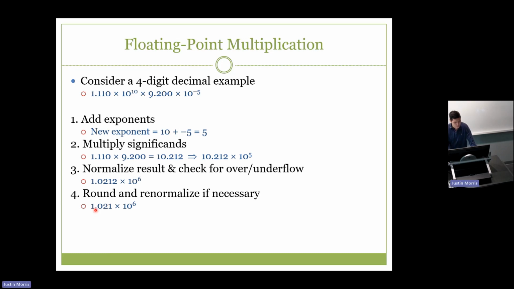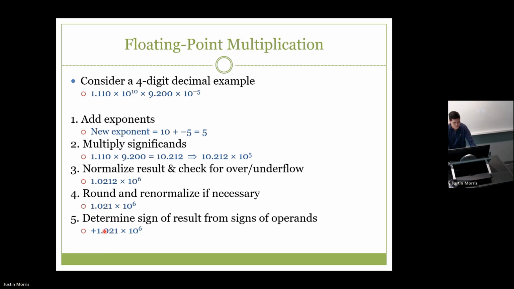So 1.021 times 10 to the 6 is our final answer. And we do have to determine the sign, right? If they were different, it would be negative. If they're the same, it's positive. In this case, they're both positive, so they're the same sign. So we give it the sign of positive.